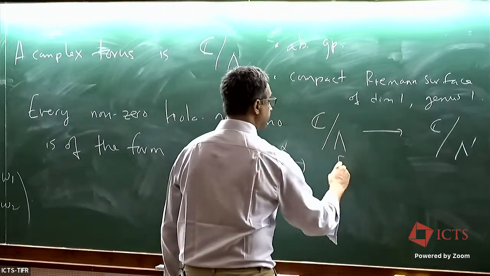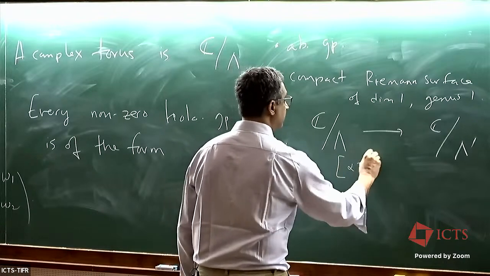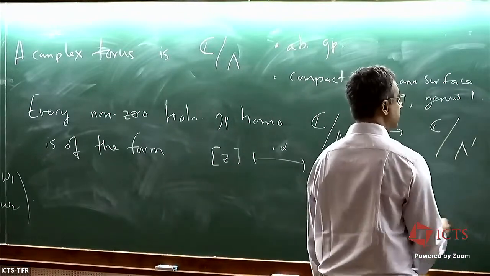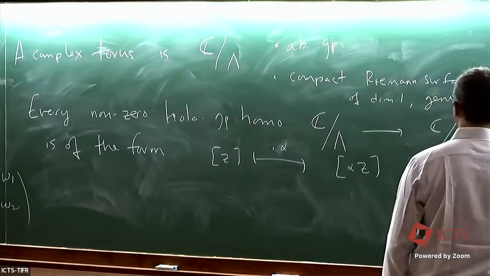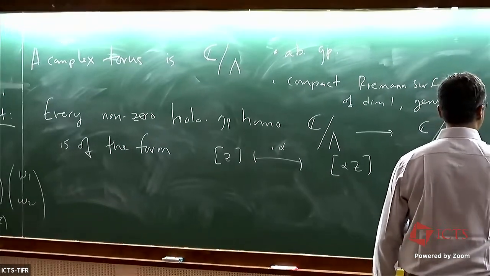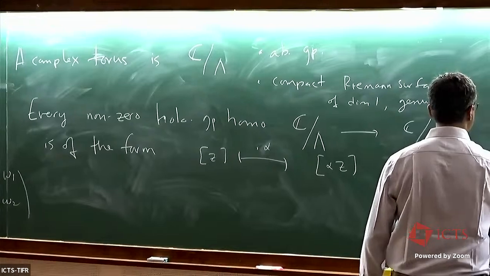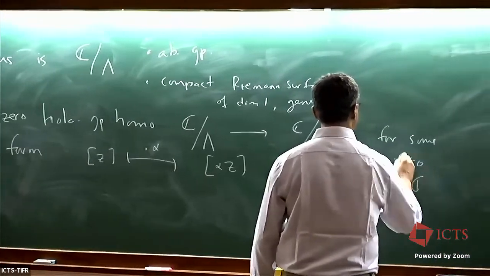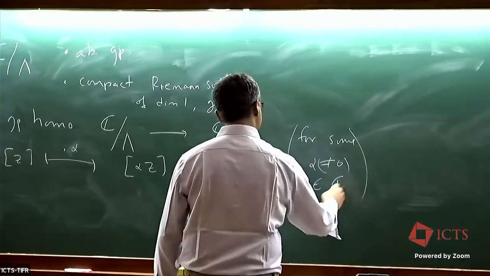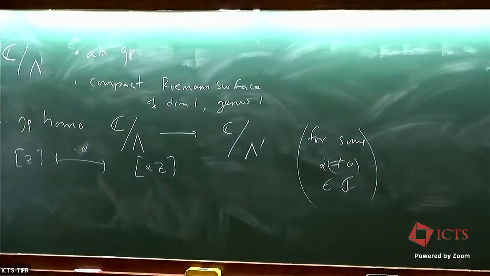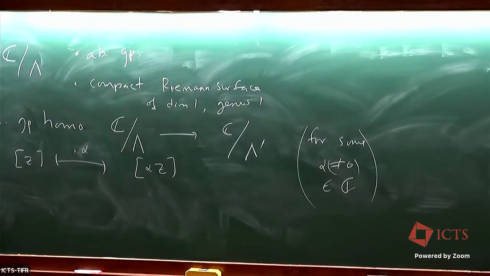Alpha is a complex number, non-zero. The square bracket is the equivalence class in the quotient group. Some non-zero complex number, with some property.